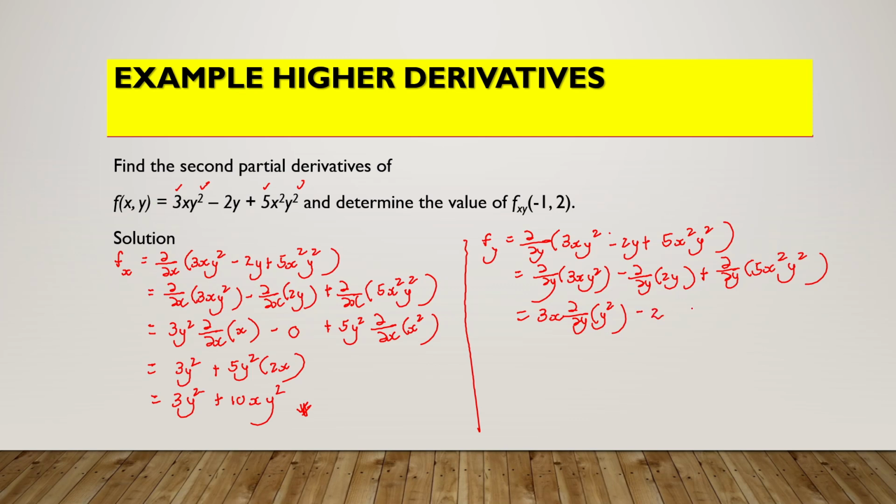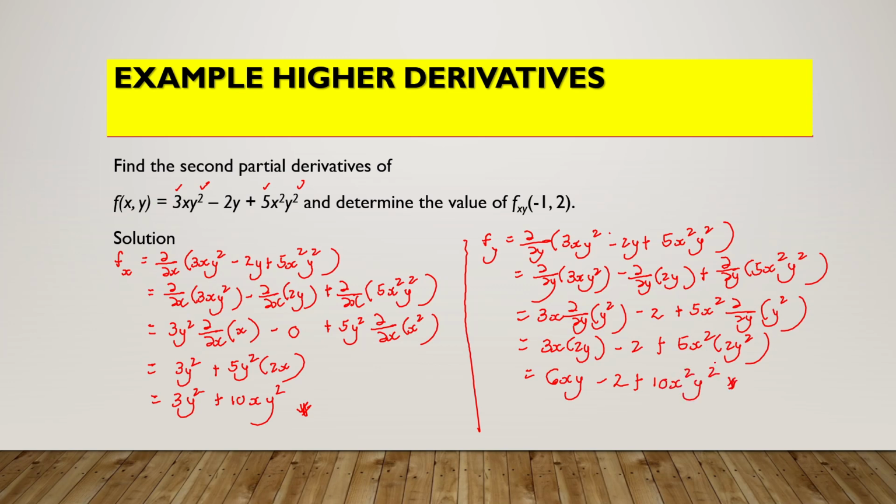For 5x squared, it is constant, so you have plus 5x squared times del del y of y squared, which is 2y. So total is 6xy minus 2 plus 10x squared y squared. If you are familiar, you can quickly do it.